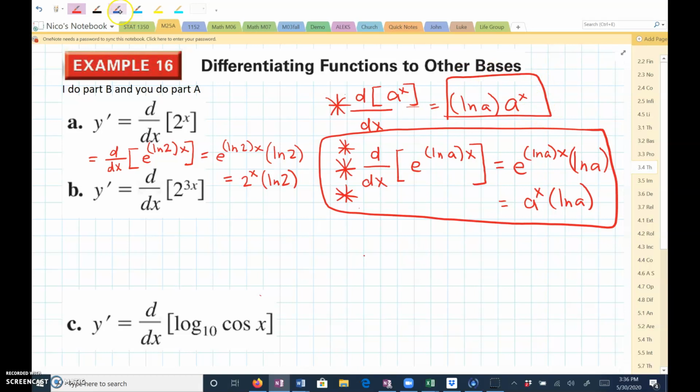Okay, let's look at part B. Part B, same thing here. I'm going to do the derivative of e to the natural log of 2 times 3x with respect to x.